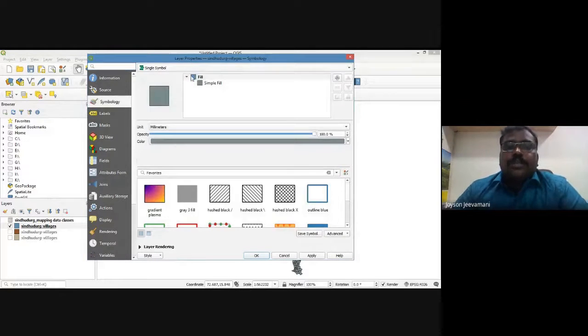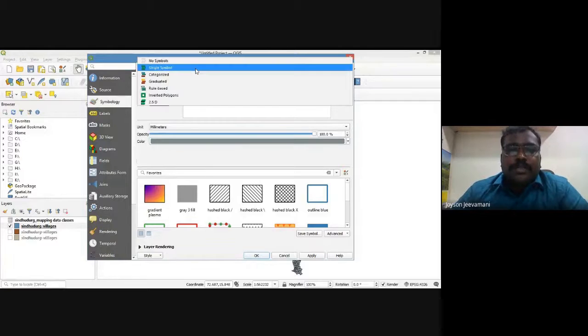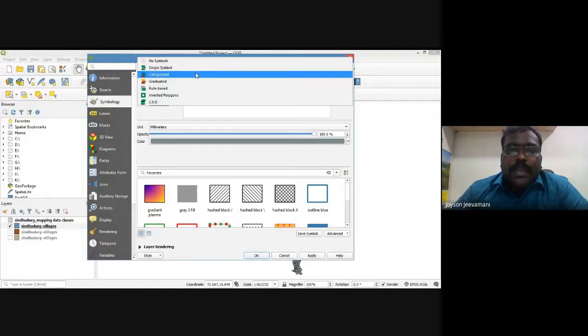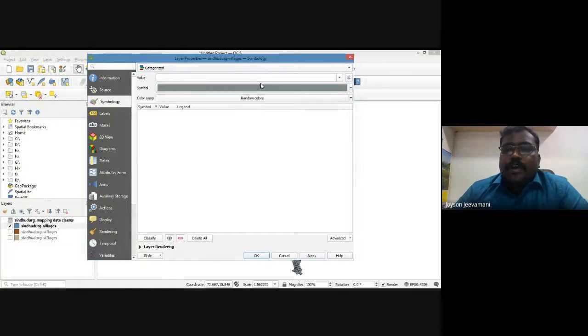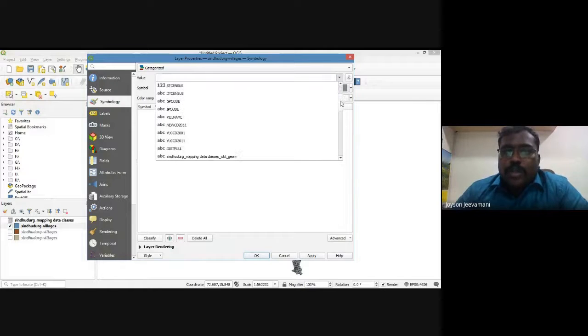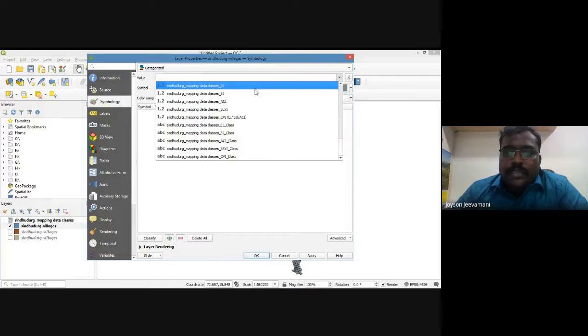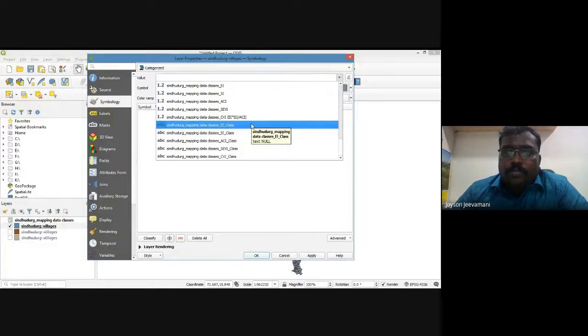In Symbology there are single symbol, categorized, graduated. I'm clicking categorized. It will ask on what value basis you want to categorize. When I click the dropdown, it shows the column headings of the Excel. I already have the exposure index value, and another column where the index value is converted into 5 categories: high, very high, low, like that.